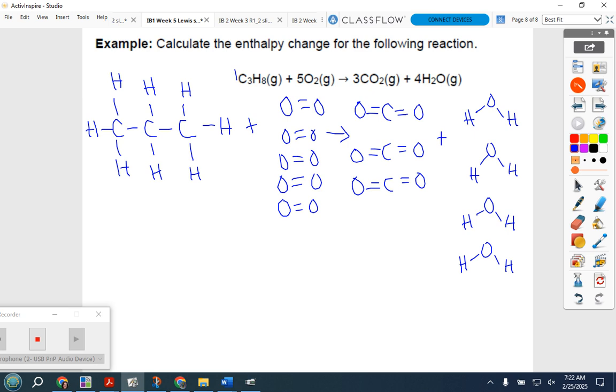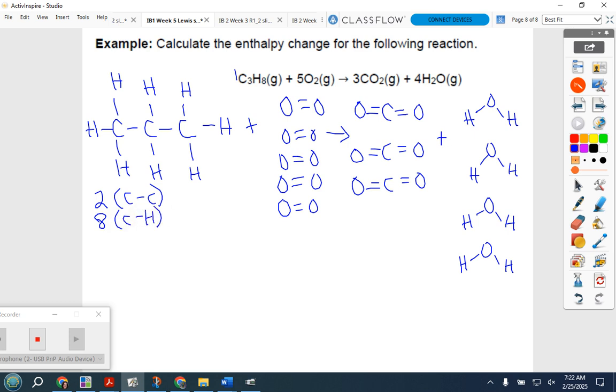So now we need to find the enthalpies of each of the bonds in the compounds and multiply them by how many bonds we have. So for our propane, we've got 2 carbon-carbon single bonds. And we've got 1, 2, 3, 4, 5, 6, 7, 8 carbon-hydrogen bonds, single bonds. Of course, they're single bonds because it's hydrogen.